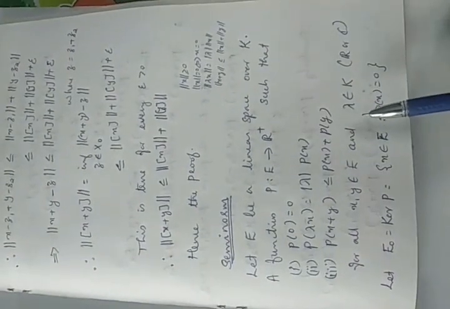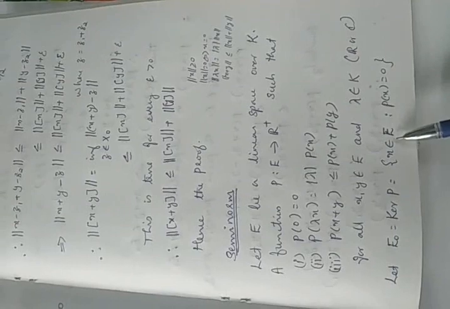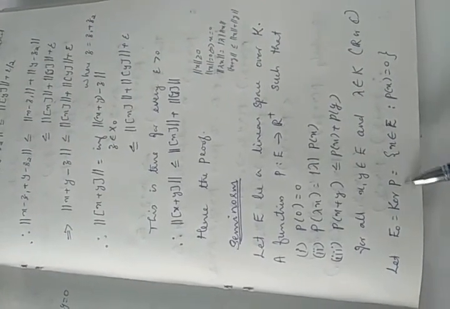So, we consider the set of all x in E such that P of x equal to 0. And by definition, this is kernel P. We denote this kernel P as E naught.